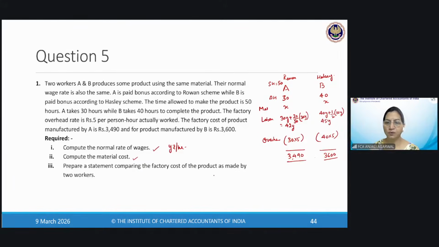So this gives you two equations. One is X plus 42Y plus 150 is equal to 3490. And second is X plus 45Y plus 200 is equal to 3600. So you have two equations, two variables. 3490 minus 150.